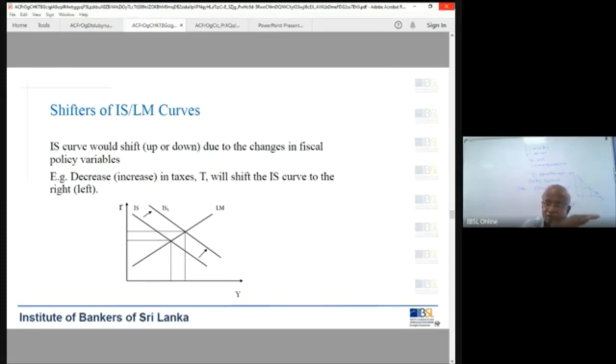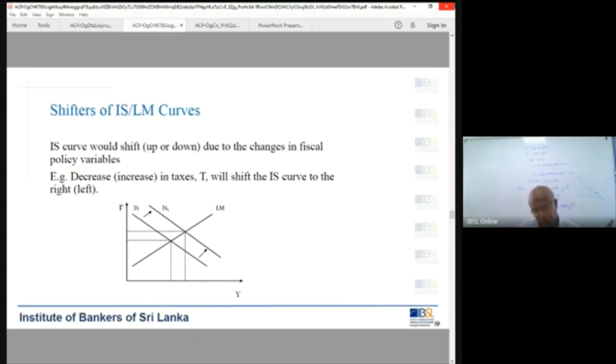Then the government also cut taxes. Government cut taxes, VAT from 15% to 8%. Why is that? When you cut taxes, either corporate taxes or personal taxes, people's spending power increases, disposable income increases, after-tax profit increases, then aggregate demand increases, economic activity increases, GDP increases.